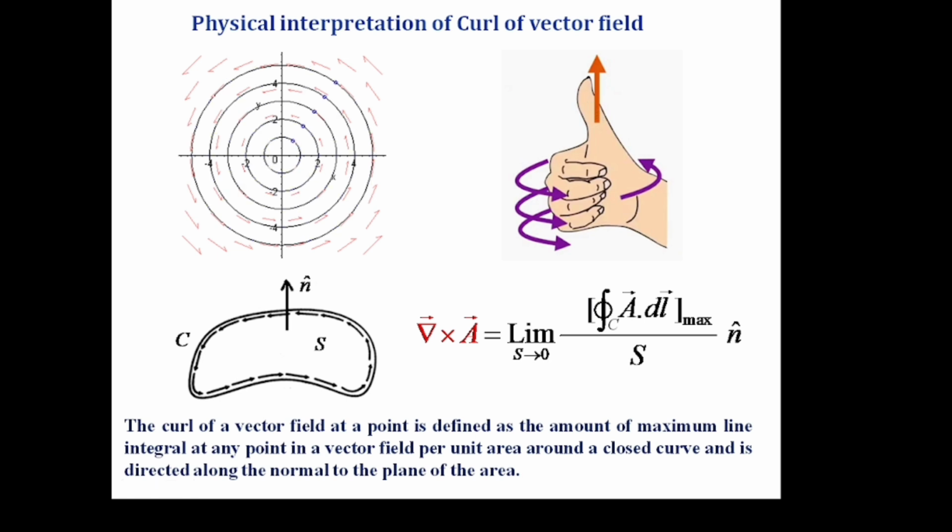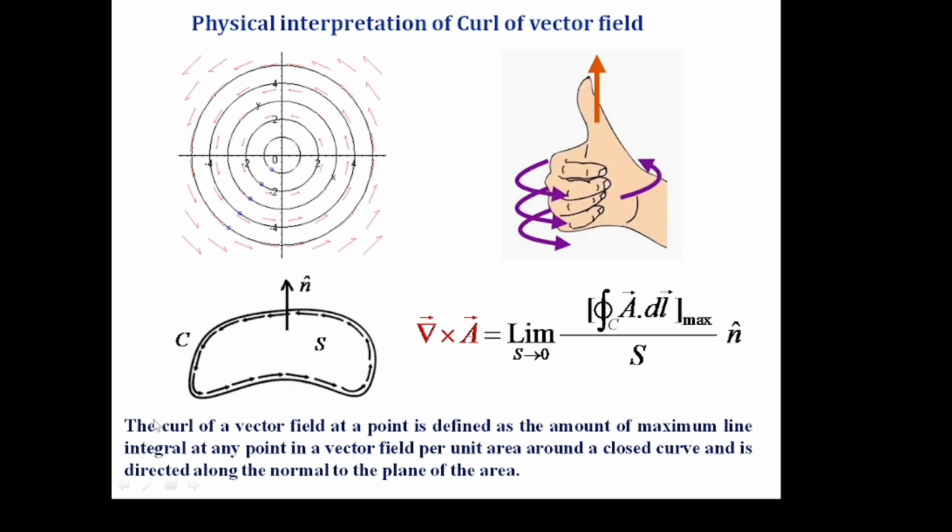So the direction of curl is defined by the right hand rule. The thumb indicates the direction of curl, and the tips of the other fingers show the direction of rotation. And del cross A is equal to the limit as S tends to 0 of the cyclic integral of A dot dl, maximum, divided by the unit surface, times n cap.